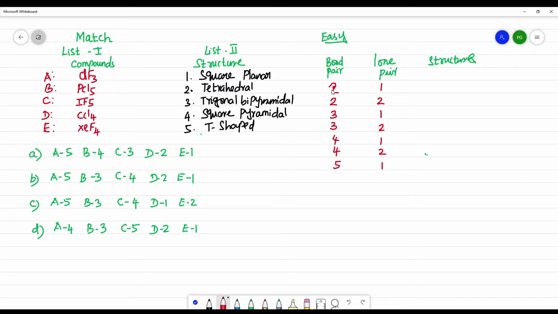If we have 2 bond pair and 1 lone pair, the structure is bent. Here also, if you have 2 bond pair and 2 lone pair, the structure is bent. Here 3 bond pair and 1 lone pair, the structure is trigonal pyramidal.